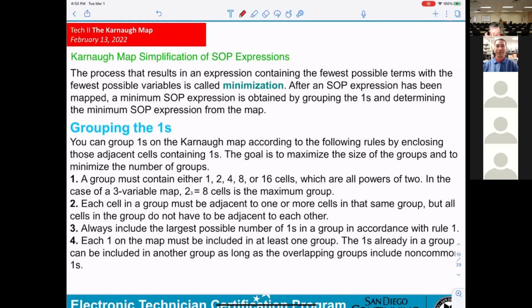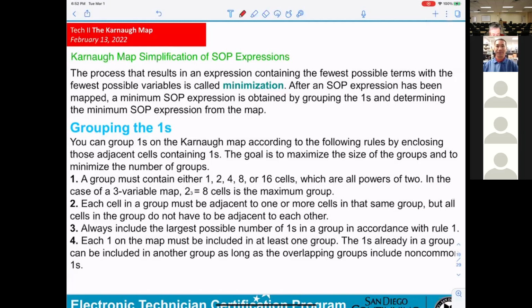A group must contain either 1, 2, 4, 8, or 16 cells. Okay? That means you can loop 1 or 2 or 4 or 8 or 16.